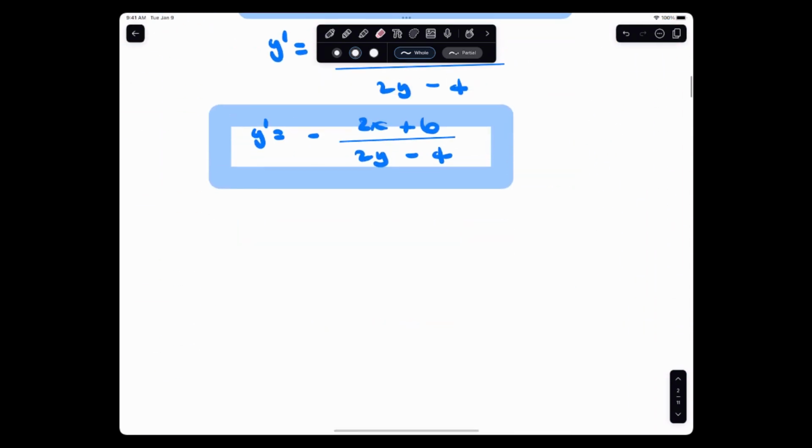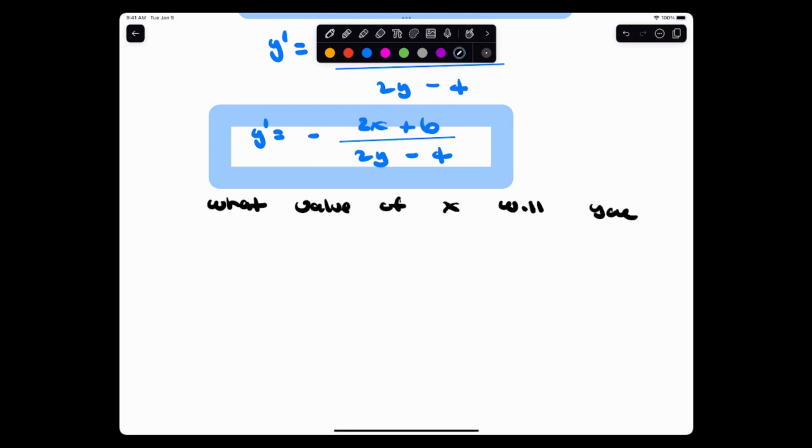Now that you have the derivative, at what value of x will you have a horizontal tangent? When will you have a horizontal tangent?